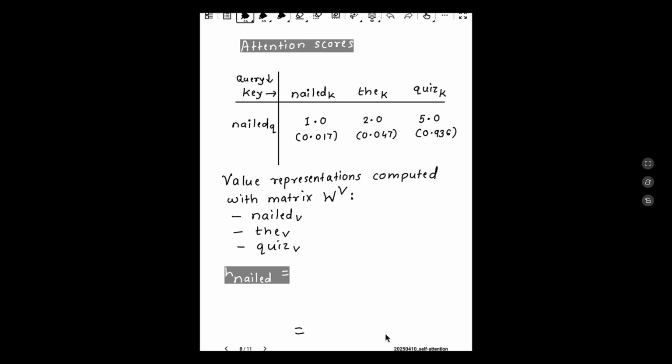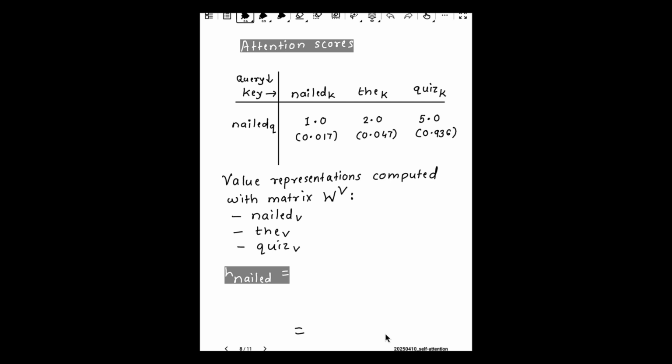What do we have so far? We have our attention scores for nailed Q and we have value representations for all tokens in our sequence. With this information now, the context-aware representation for nailed is a weighted sum of the value vectors using the attention weights we just calculated.